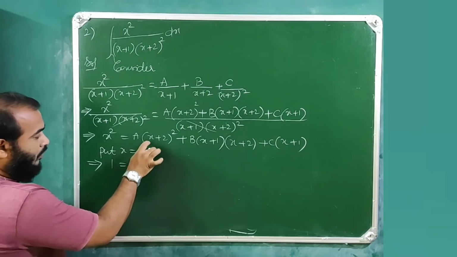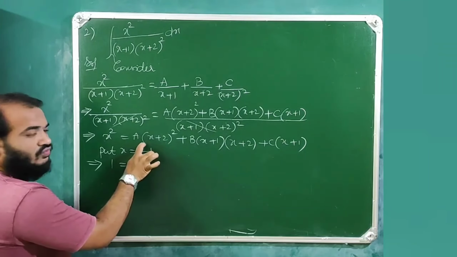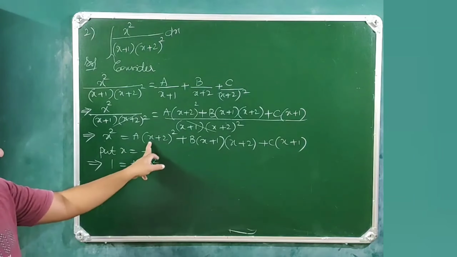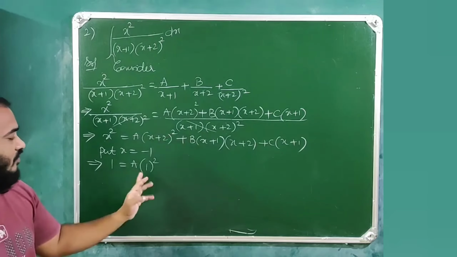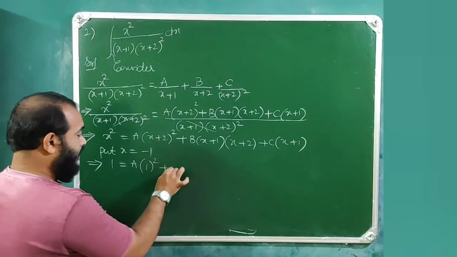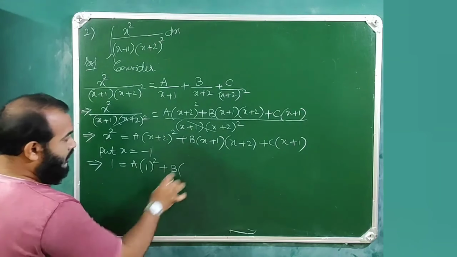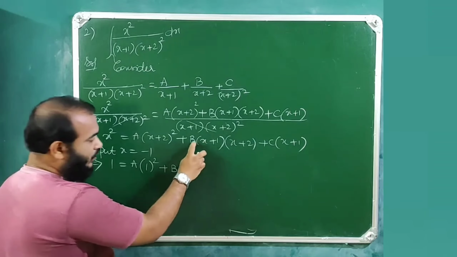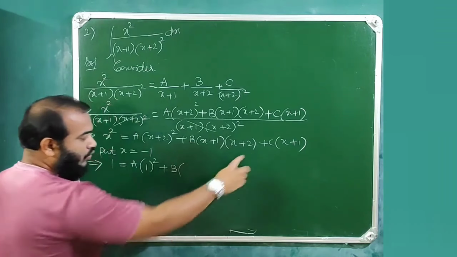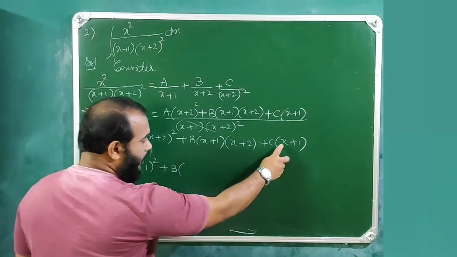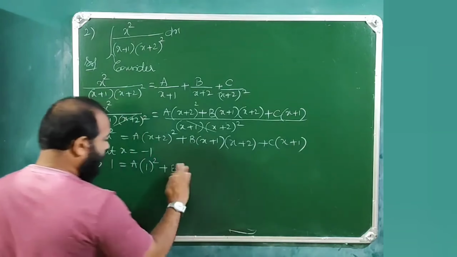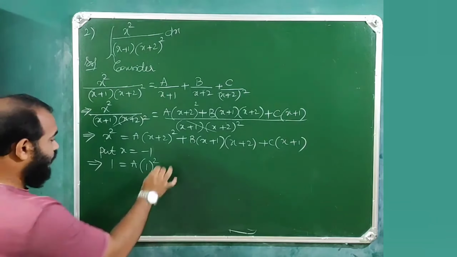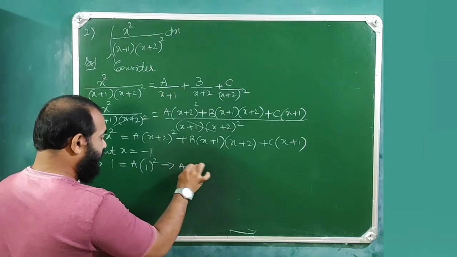So A into (minus 1 plus 2), 2 minus 1 is 1, 1 square, 1. Plus B into, on substituting minus 1 here, minus 1 plus 1 is 0, 0 into this whole will be 0. Here also minus 1 plus 1, 0. So we are only left with A into 1 square. So from this, A is equal to 1.